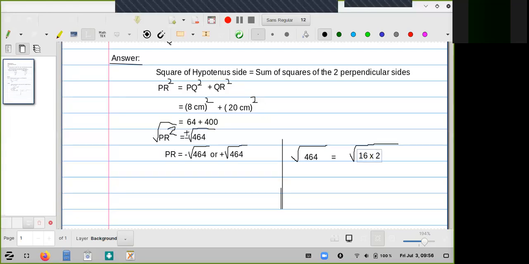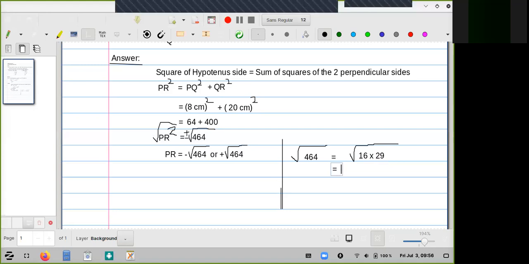right? That's the number. Since we are multiplying the factors, we can distribute the radical sign, which in this case is the square root sign.